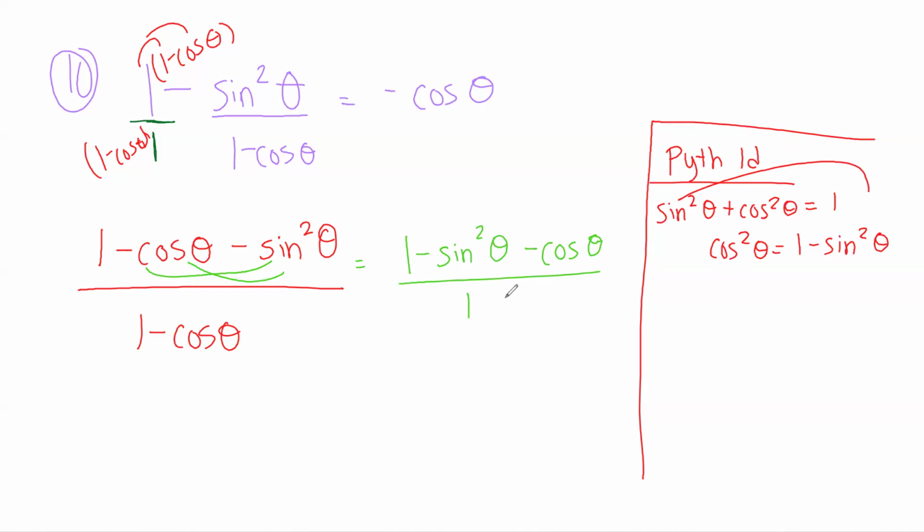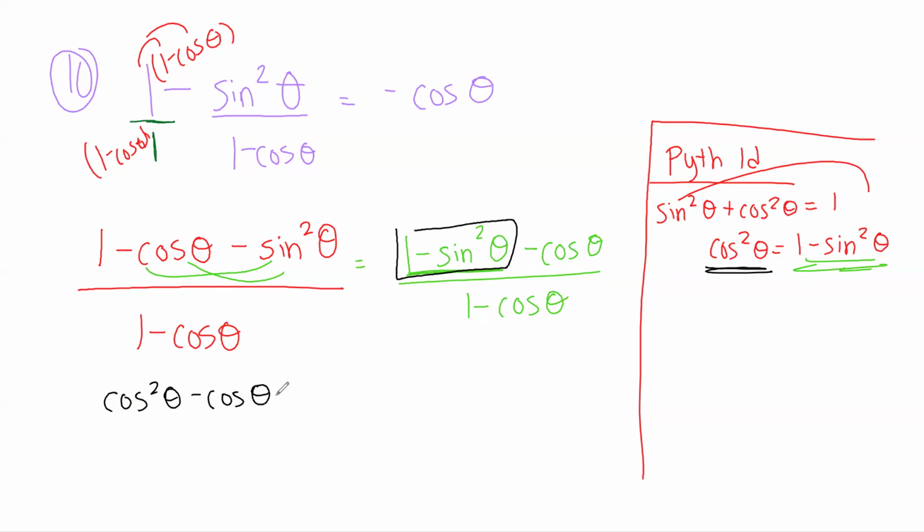We are allowed to change the order. That's okay. And now we have 1 minus sine square. We're going to make that replacement using the Pythagorean identity. This 1 minus sine square is going to go out, and we will replace it with cos squared. So we now have cos square minus cos on the top, and on the bottom we have 1 minus cos.